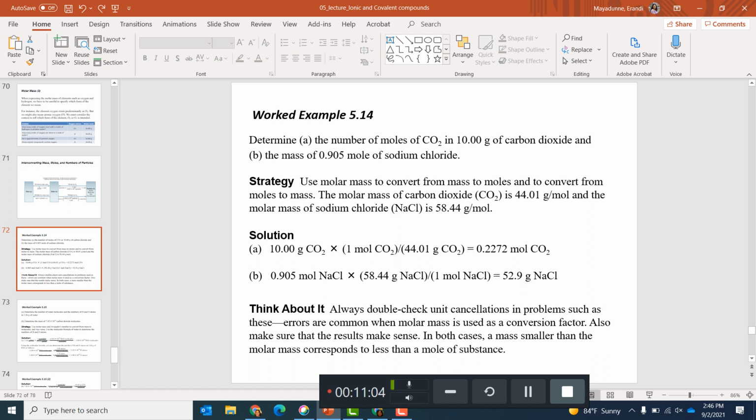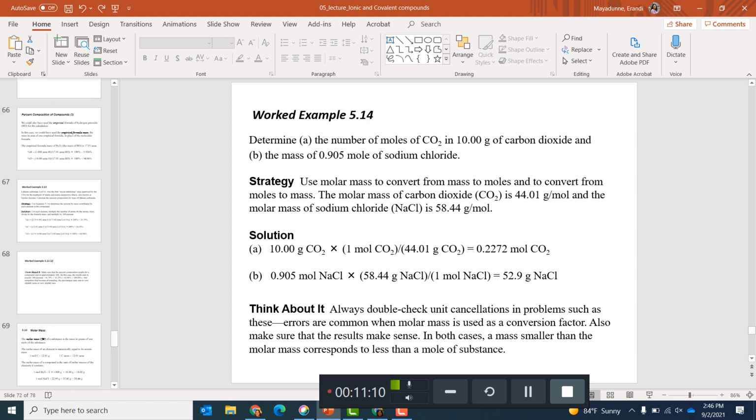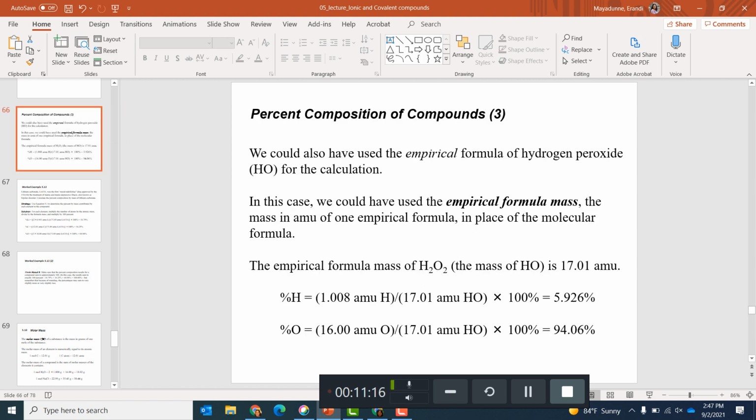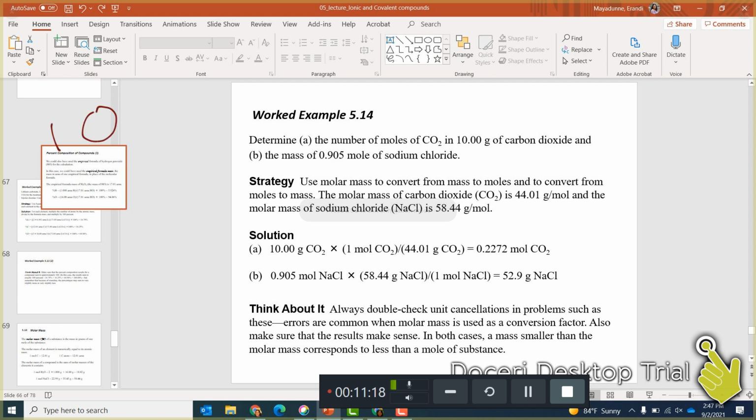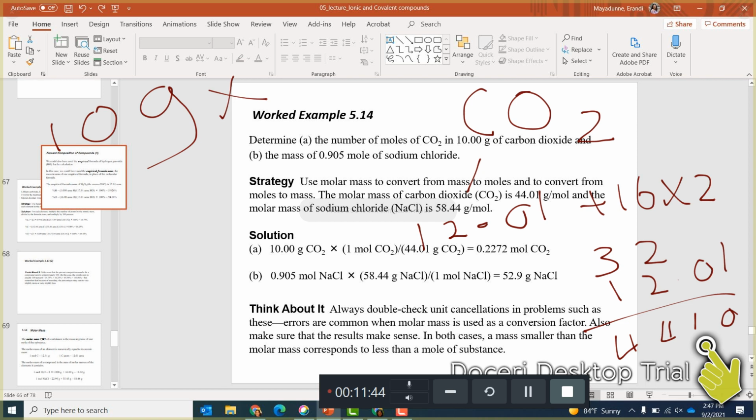The molar mass of CO2: carbon is 12.01, and oxygen is 16 into 2, which is 32. Adding gives about 44.